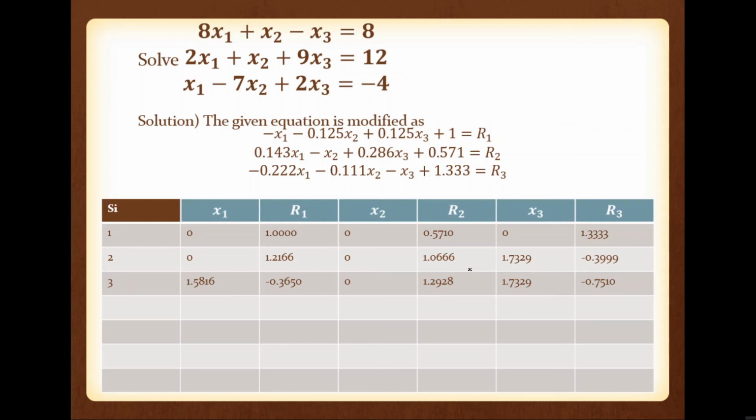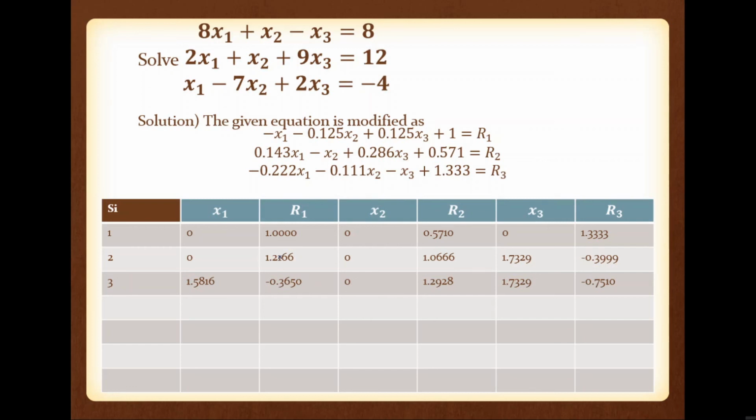So what is the important observation here? In the previous step, x1 is relaxed. In the previous case, R1 is positive, now it is negative. It is not 0, it is crossing, or the sign is changed, right? So that is an important observation. If it is normal relaxation, it will be 0. If it is under relaxation, it will be positive.